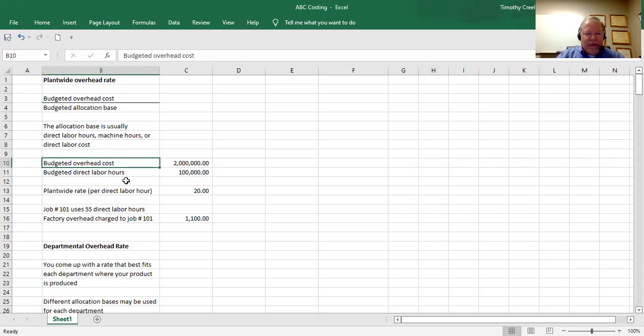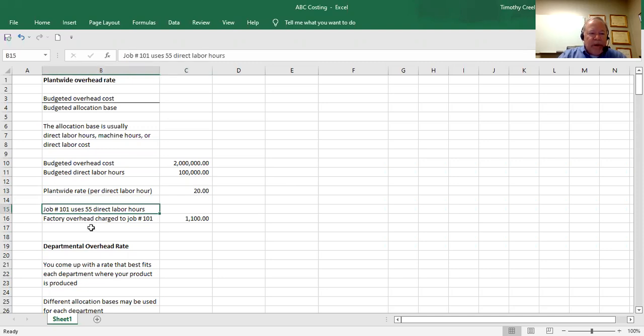In this case, if your budgeted overhead cost was 2 million and your budgeted direct labor hours was 100,000, you would take the 2 million divided by the 100,000, and you would get a plant-wide rate of $20 per direct labor hour. So for every direct labor hour that you worked on a job or a product, you would apply $20 of overhead for it.